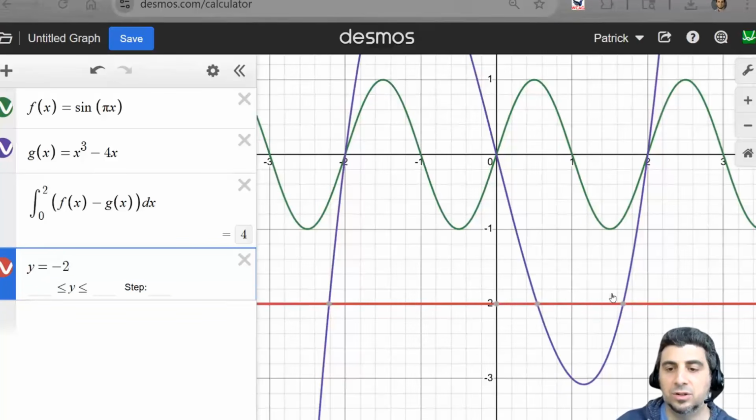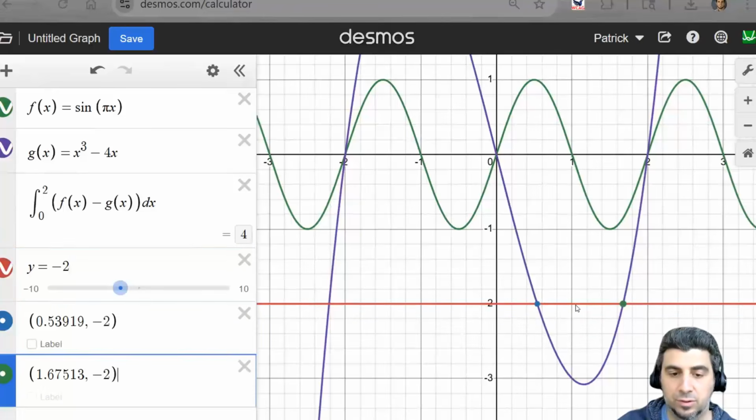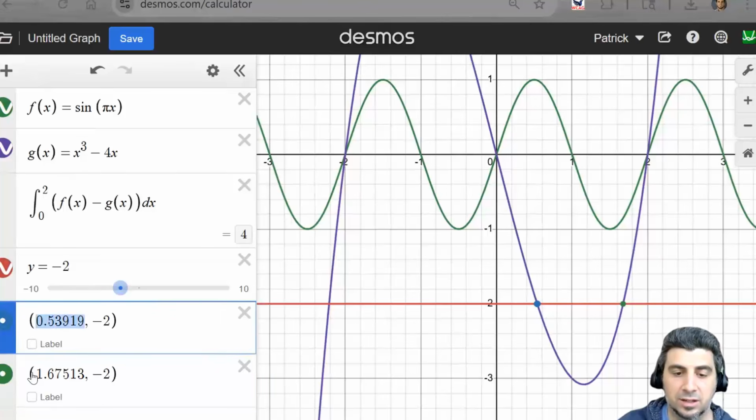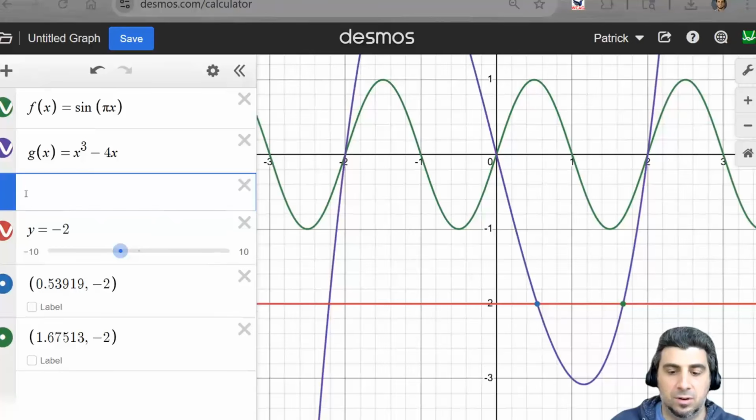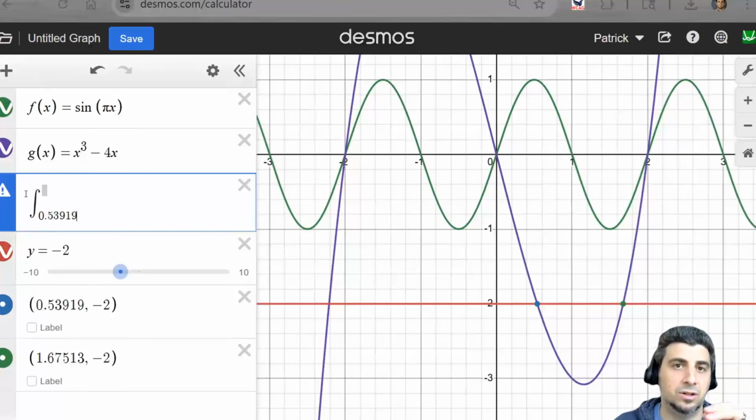And since I'm only concerned with the area of the region below this, I'm going to get these two intersection points here. I can export both of those quickly to my table and just make sure I understand to use the x values here. At the same time, I'm going to evaluate the integral. So I'll go from the first x value. Now, for the limits on paper, you need those to be accurate to at least 3 decimal places.